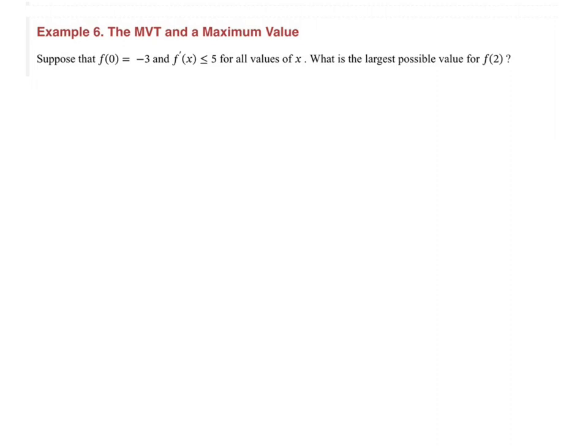Are you following? Okay, so let's set up our equation here. We know that f of 2 minus f of 0, divided by, so this is y2 minus y1 over x2, which would be 2, minus x1, which would be 0.